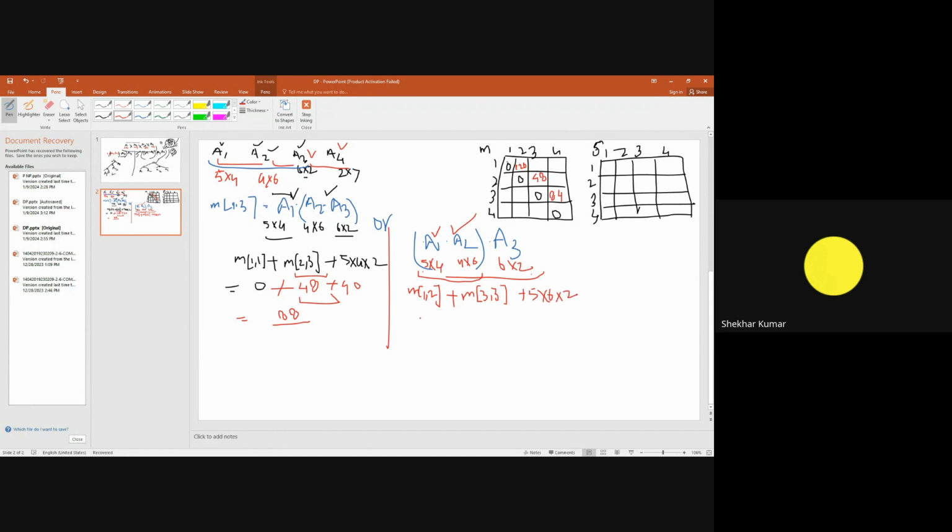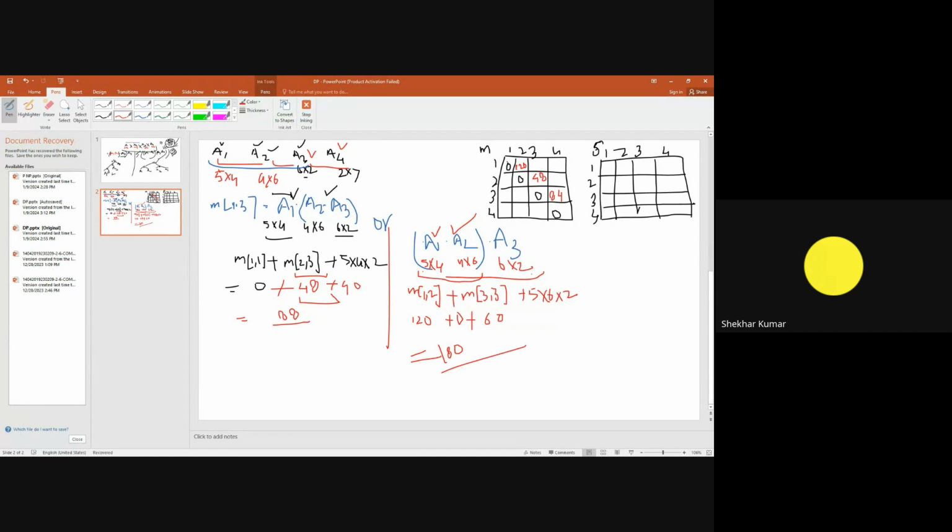The value of M[1,2] is 120, plus M[3,3], that value is 0, and 5×6×2 is 60. So the overall cost in the second approach is 180.